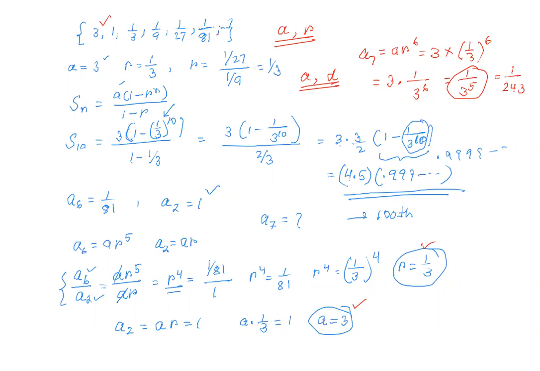And one last example here is this. If I have an infinite sequence, let's say, to make it simple, 1, 1/2, 1/4, 1/8, 1/16, 1/32, and so on and so forth.